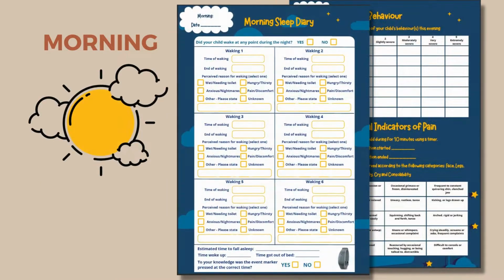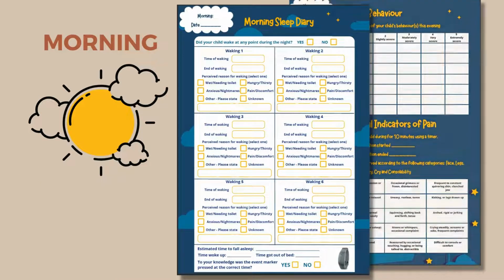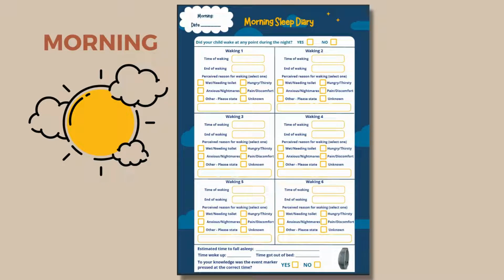On the next page, you will see the section we would like you to fill in the following morning. The first section is the morning sleep diary. It's important that estimated time to fall asleep and any nighttime waking is entered in the morning diary section the next day.